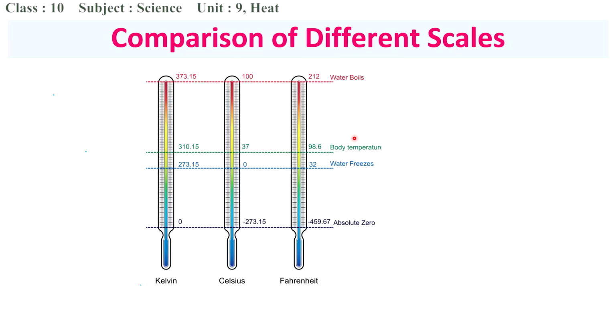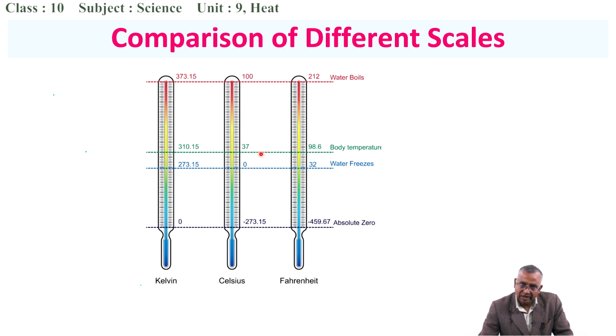Okay, students, now see the last slide. It is comparing different temperature scales. Look here, that is for Kelvin. Here, where water freezes, that is the melting point of ice, is how much? 273. We used to say 273, and here water boils at what? 373 in the Kelvin scale.